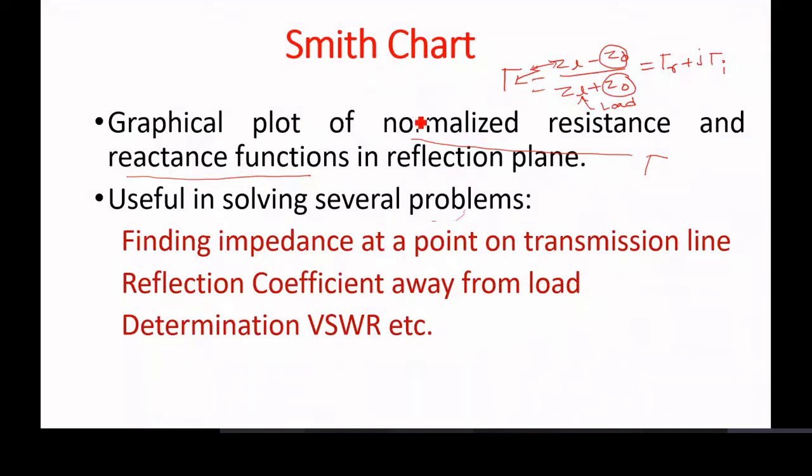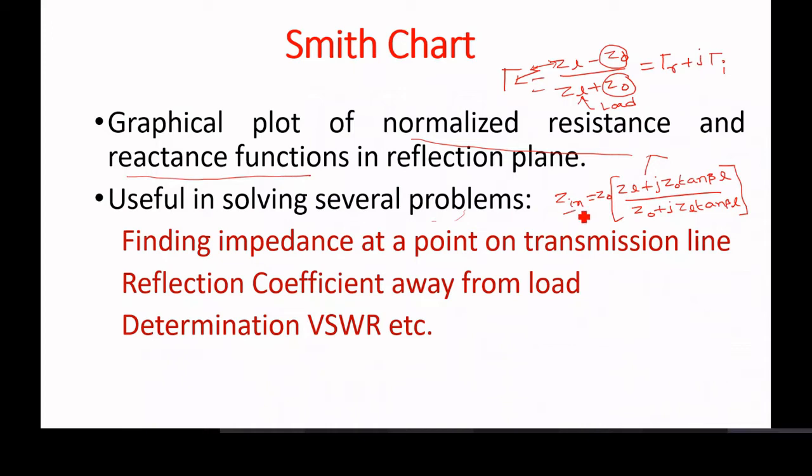So why it is useful: we have seen the input impedance expression, Zin is equal to Z0 into ZL plus, if you take a lossless line, j Z0 tan beta L, by Z0 plus j ZL tan beta L, right?